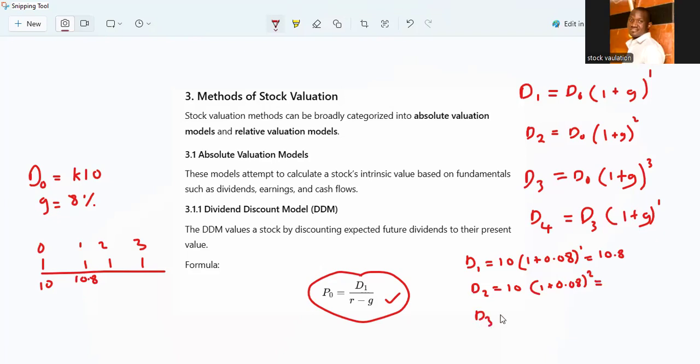Then D3: 10 times 1 plus 0.08, to the power 3. So the shortcut in calculating these is that you just multiply the first answer by 1.08.